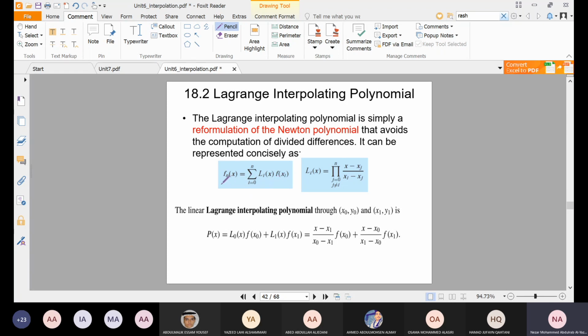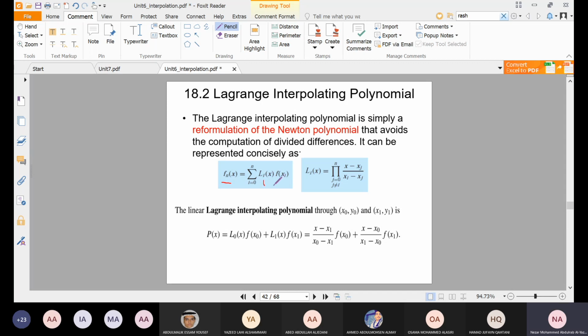You can see here we have the function f of n, where n determines the order of the polynomial. It is first order, second order, third order, like this. So we take here summation from i equals 0 to n, depending on the order, of L sub i of x, f of xi.